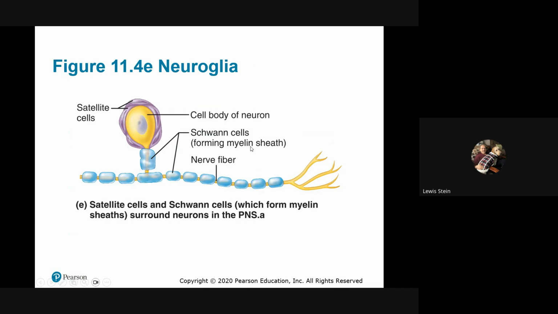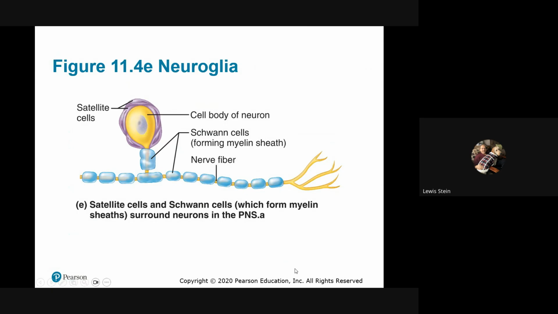You'll see another term, soma, which actually means body, or perikaryon, which means around the kernel or the core. All of those are interchangeable. So the satellite cells, we don't really know what they do. They may play a similar role to what the astrocytes do. And we don't see them anywhere but the peripheral nervous system.